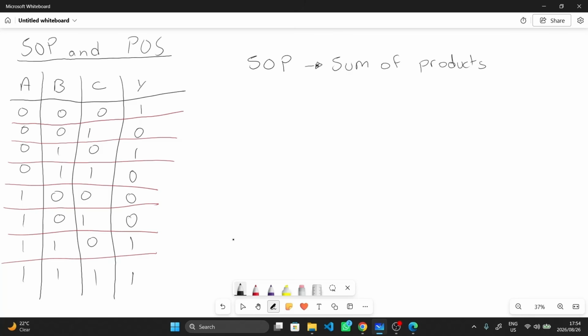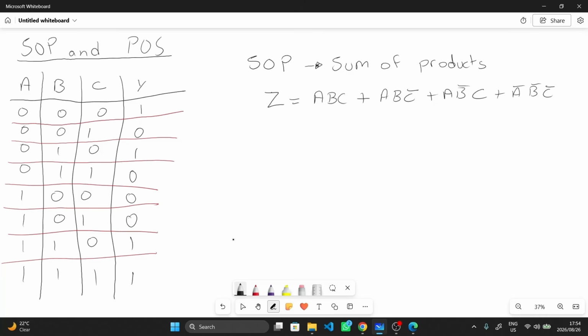Sum of products means, for example, let's say you have the equation Z, which is the sum of products. That means you have A times B times C plus A times B times C complement plus A times B complement C plus A complement B complement C complement.